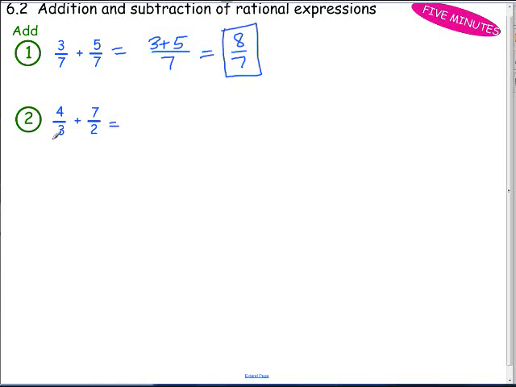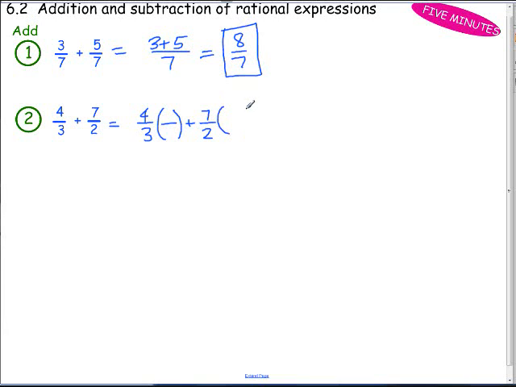However, if we have thirds and we have halves, these are not the same. They're unlike terms. However, the good news is we can make them like terms by doing some sort of conversion so that they have the same denominator.